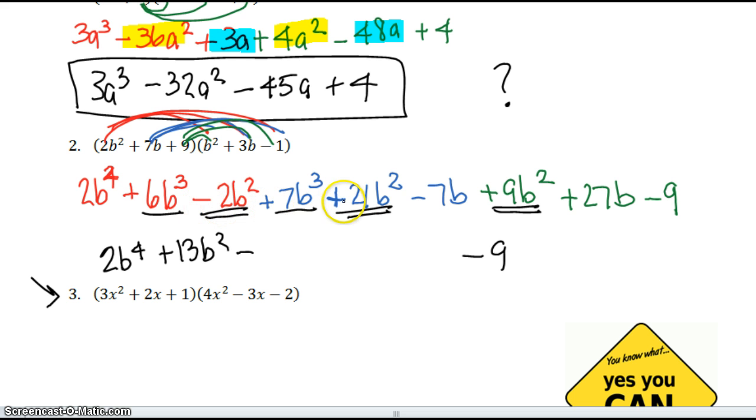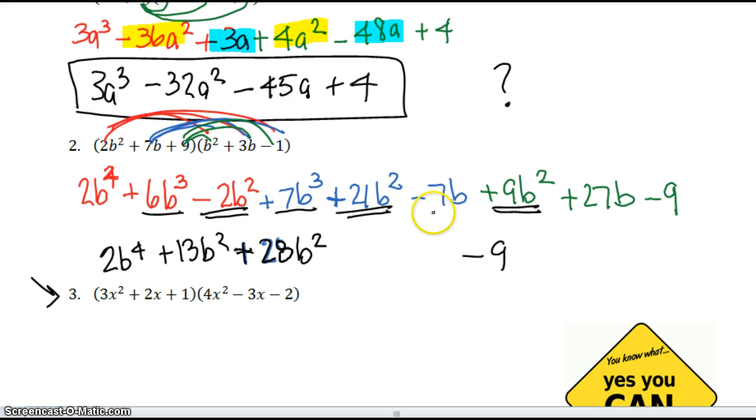So positive 21b squared with 9b squared makes 30 minus 2 is going to make a positive 28. Positive 28b squared. So see, all of those little signs are very important, and in my haste the screen didn't pick up my positive, and it makes a huge difference.